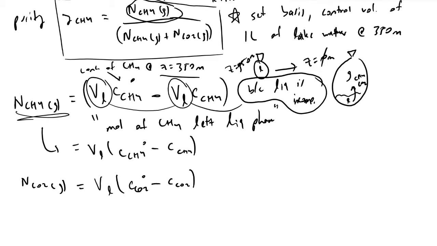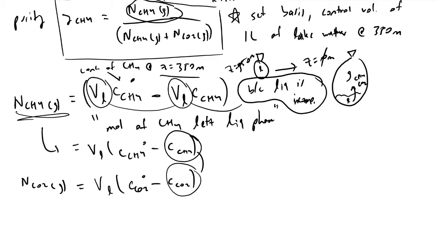Now what you're going to note here is we don't know what concentration methane or carbon dioxide will have at that new pressure. So we've got 2 unknowns in this equation, and so we're going to need to write 2 equations.